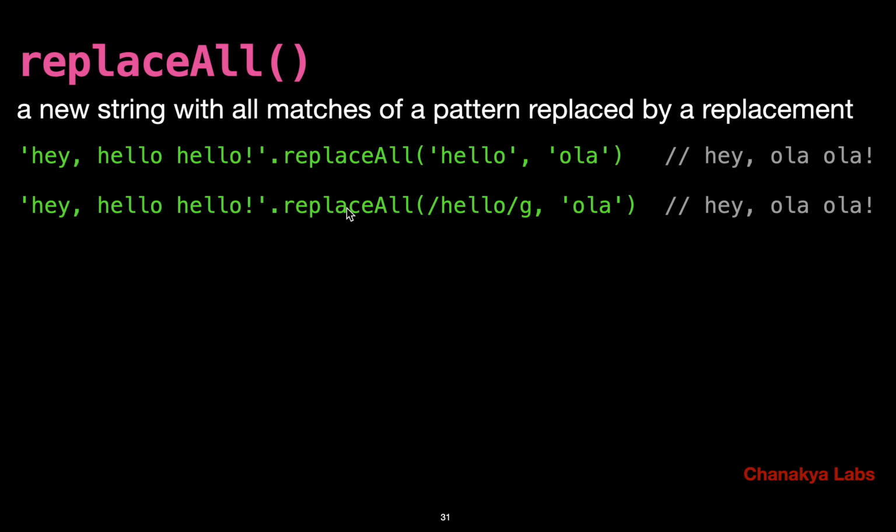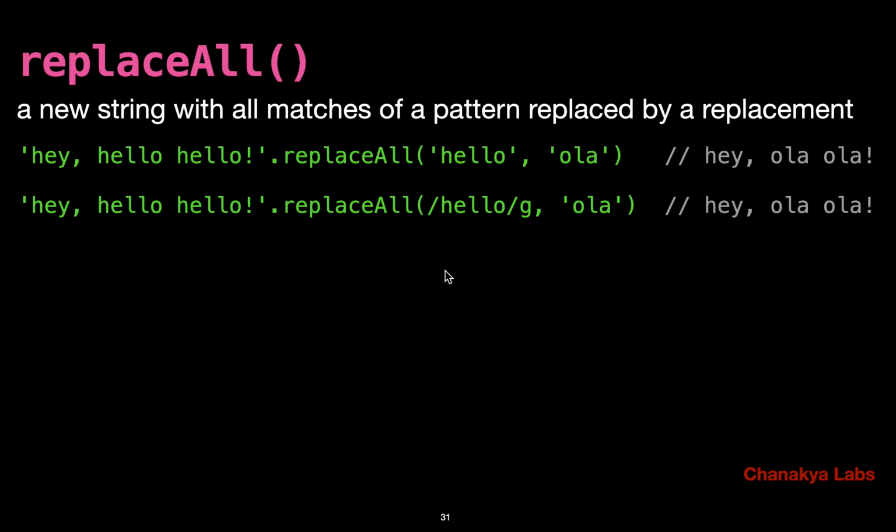Now you can do that same thing here also, that instead of a string you can use a global regular expression also, but if you do the same thing with replace, that will also work fine, that will also do the same thing, right? And here there is an additional restriction, that replace all can only be used with the global flag, it cannot be used without the global flag.